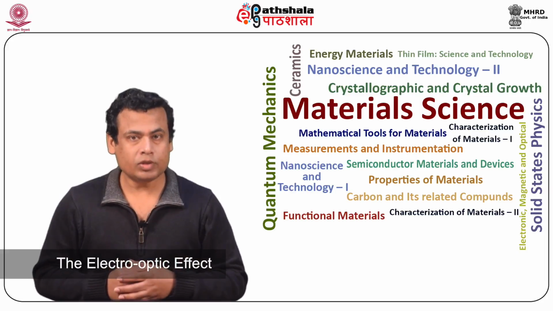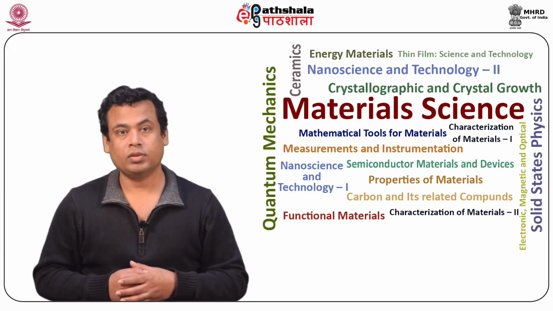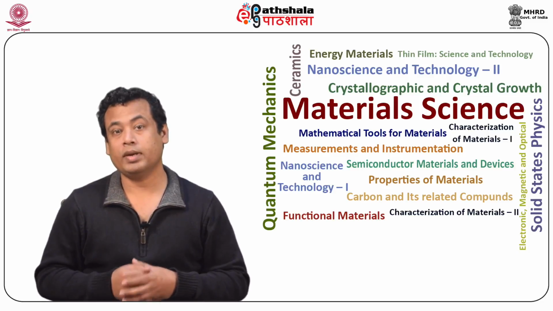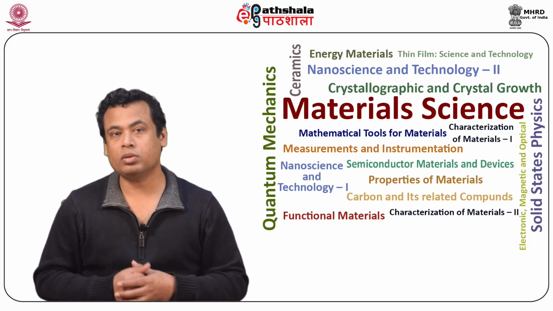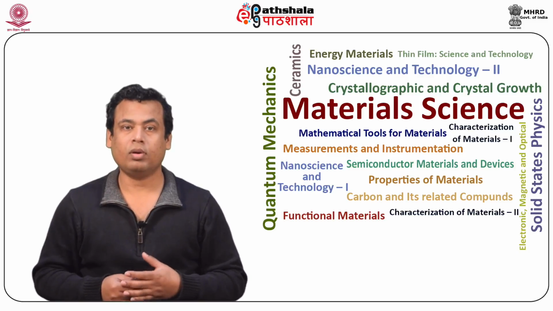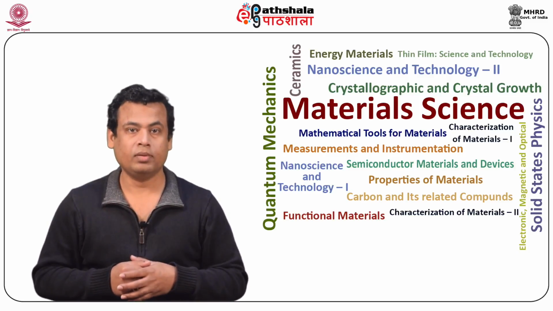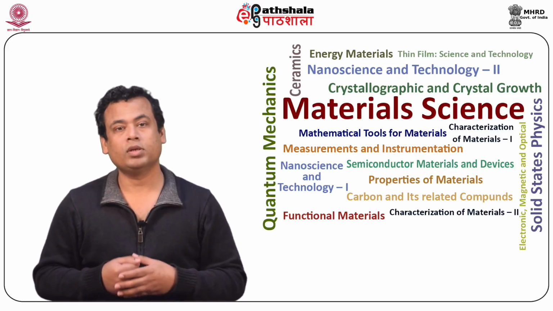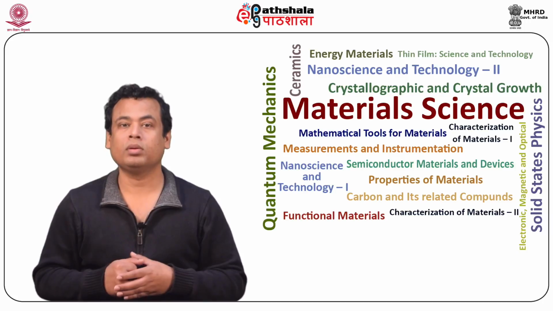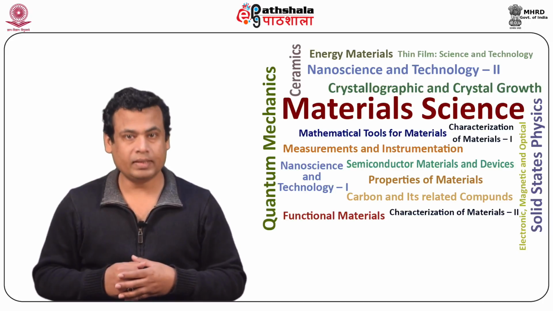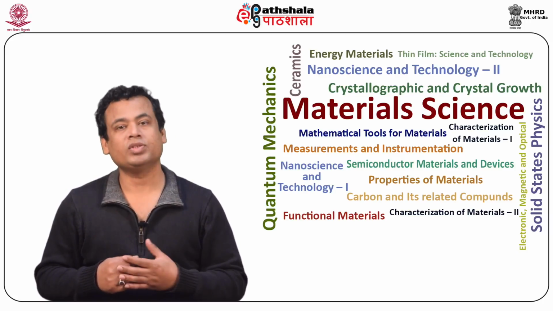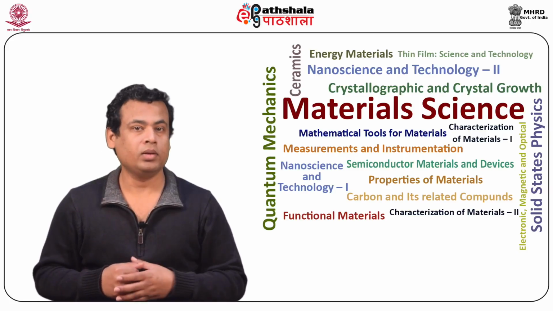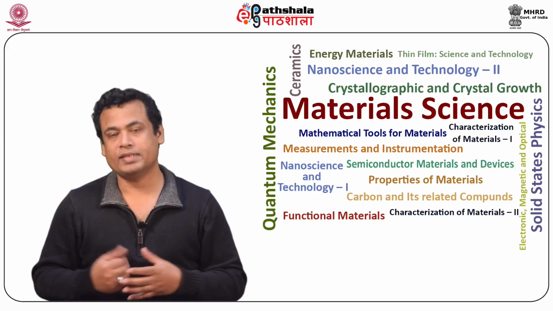The electro-optic effect is the change in refractive index resulting from the application of a DC or low frequency electric field. A field applied to an anisotropic electro-optic material modifies its refractive indices and thereby its effect on polarized light.